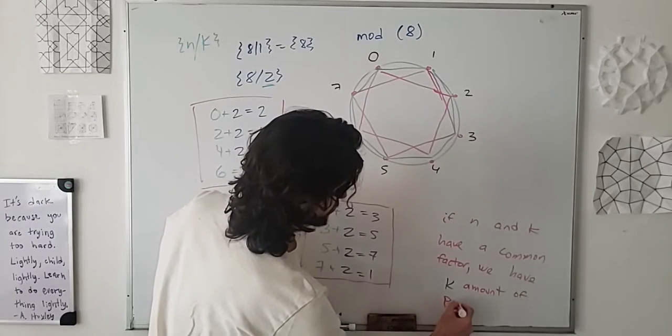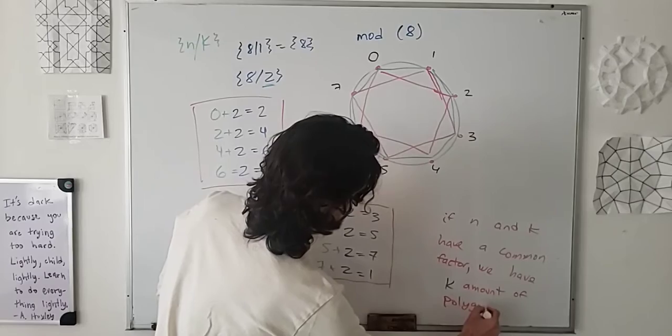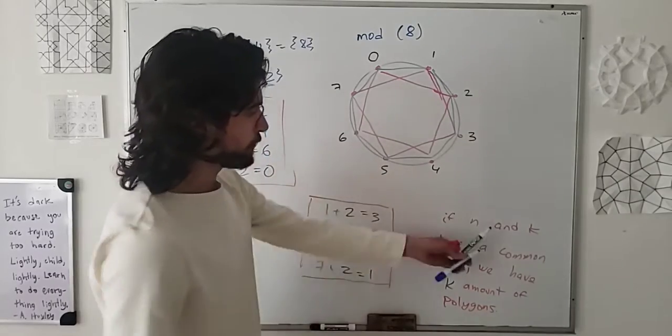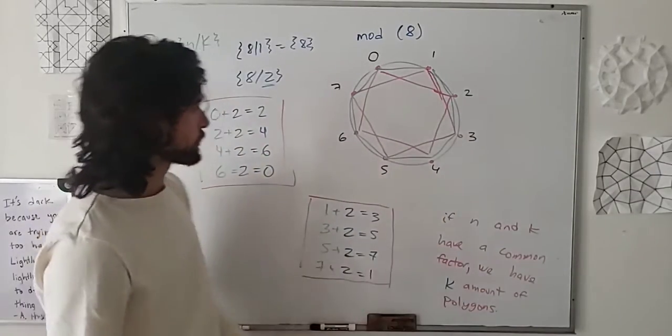We have k amounts of polygons. So if n and k have a common factor, we have k amounts of polygons.